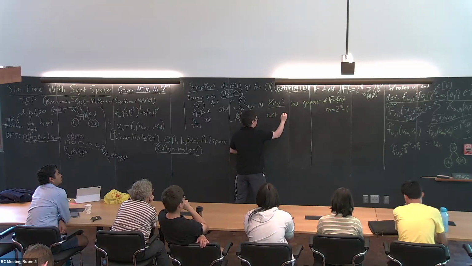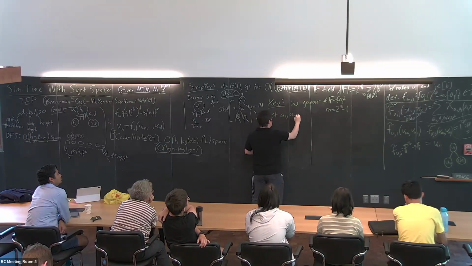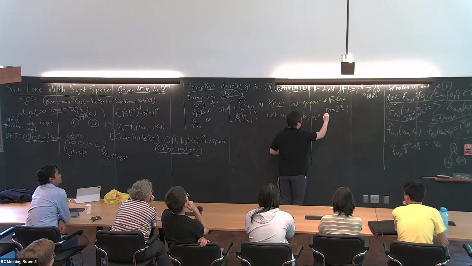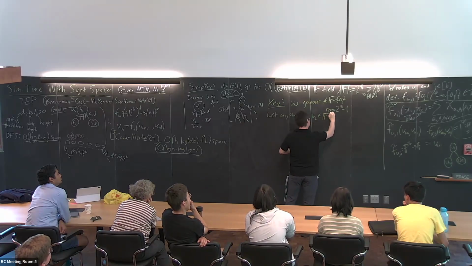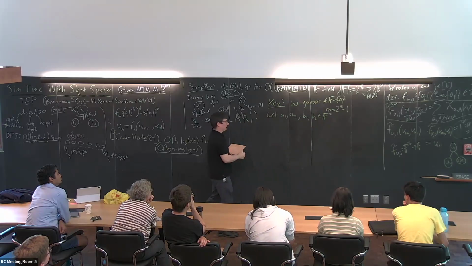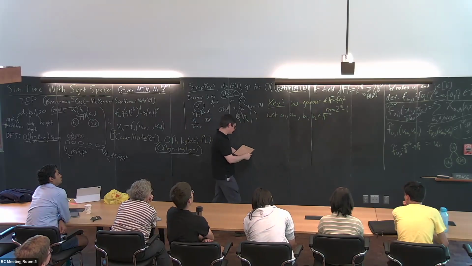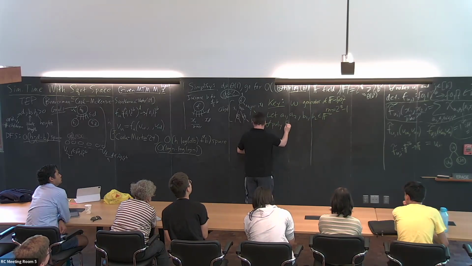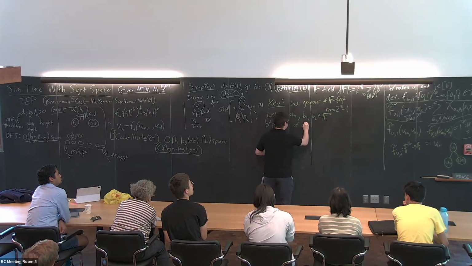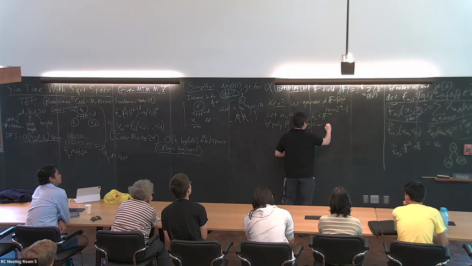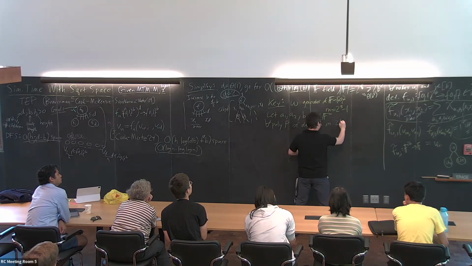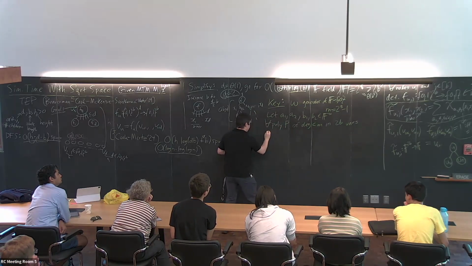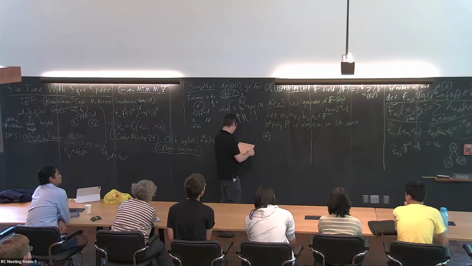If I give you A1 and A2 and B1 and B2, which are all vectors from the field, all in F to the b, and any polynomial P of degree less than m and 2b variables, then the following equation holds.